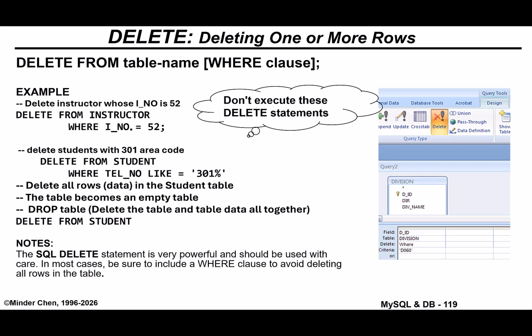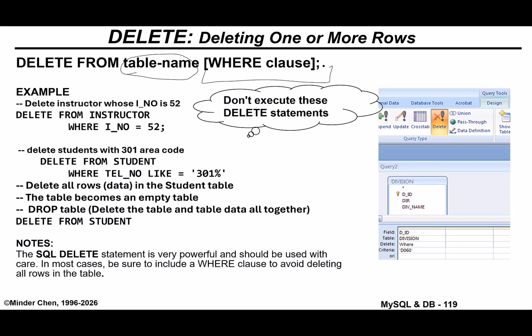Delete. Let's look at delete. Delete can be very destructive. You would delete from a table. You can also specify a criteria such that the delete will be limited to certain rows.